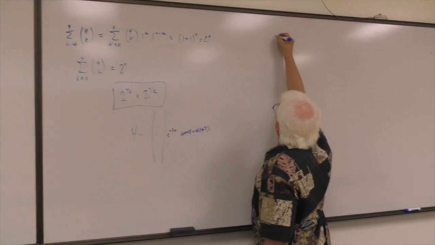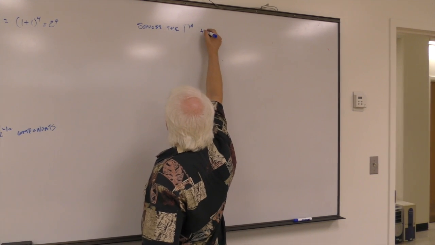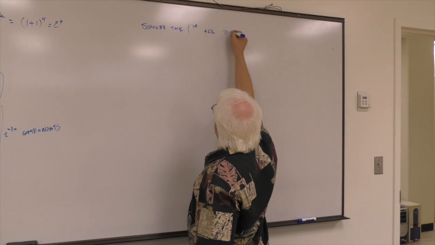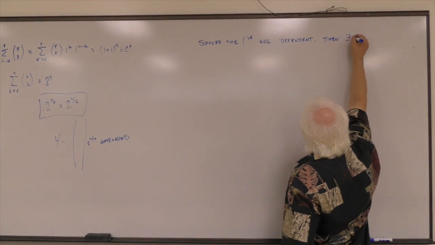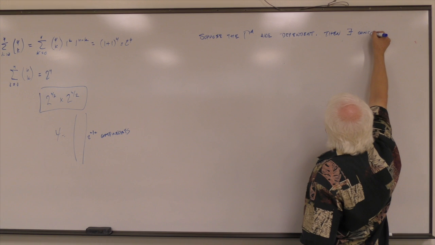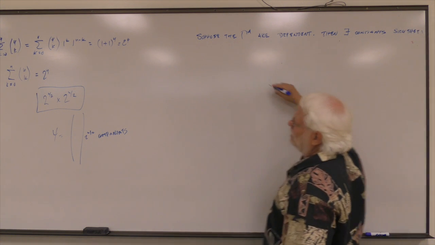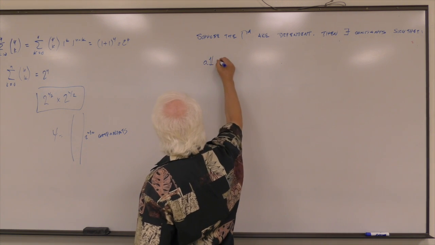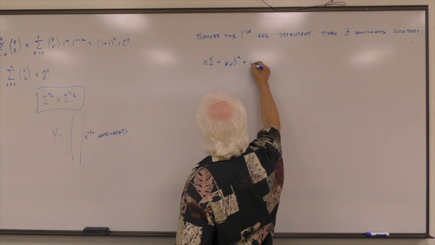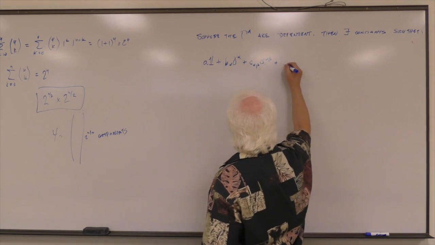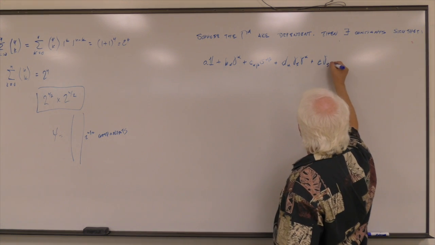Then suppose the gamma A are dependent. Then there exist constants such that A times the identity plus A alpha gamma alpha plus, let's call these different things, C alpha beta sigma alpha beta, plus D alpha gamma 5 gamma alpha plus E gamma 5 equals 0.